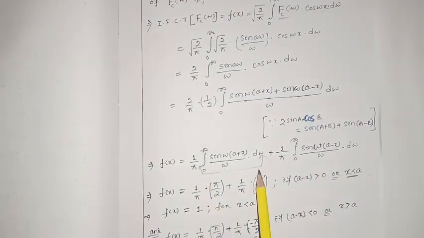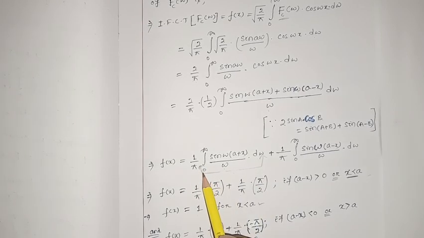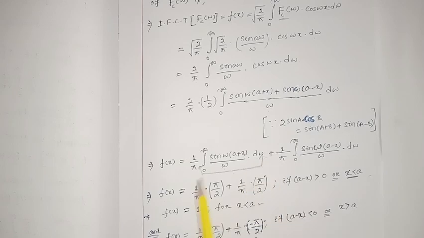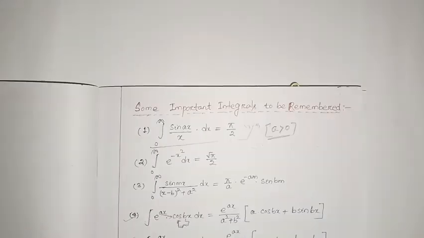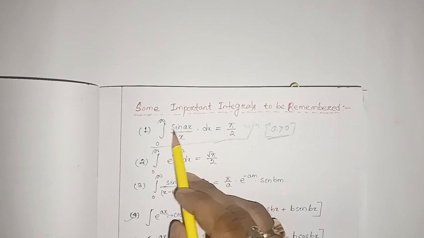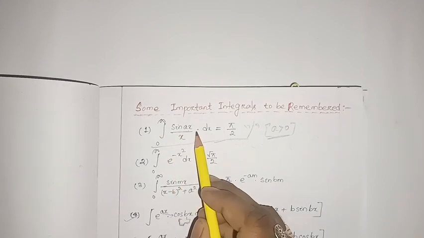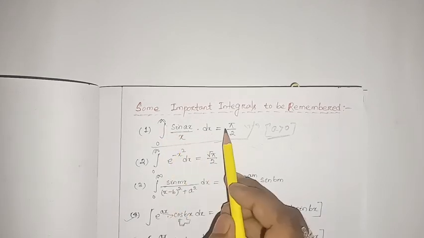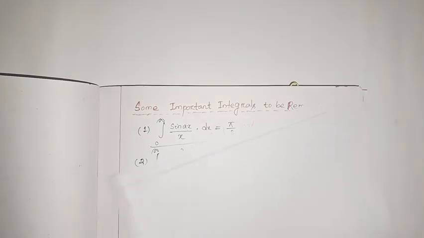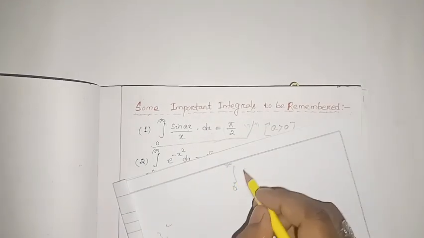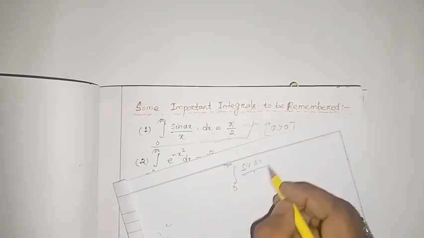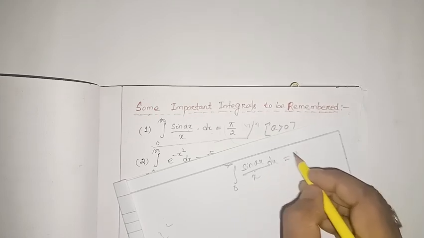Now, what will be the value of this integral? Carefully you have to watch now. This is a special integral that you have to remember. Here you can see, the integral of sine(ax) by x dx from 0 to infinity has the value pi by 2.